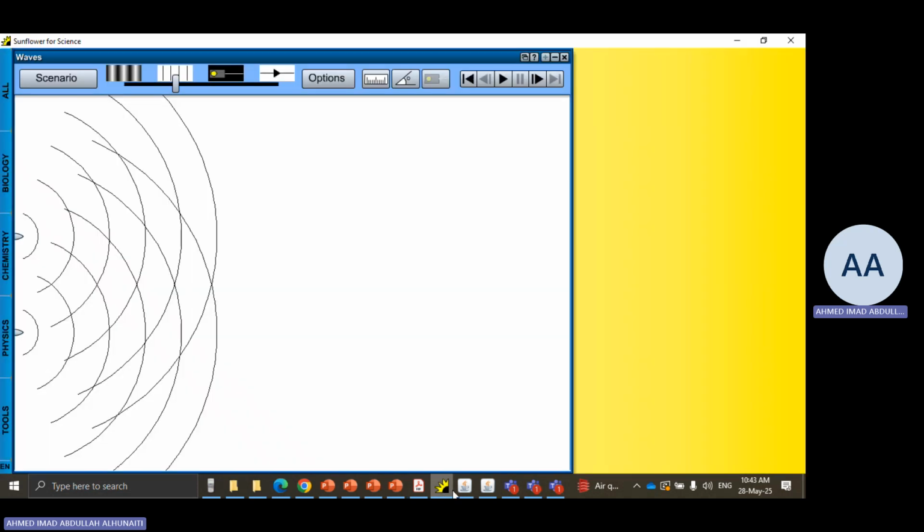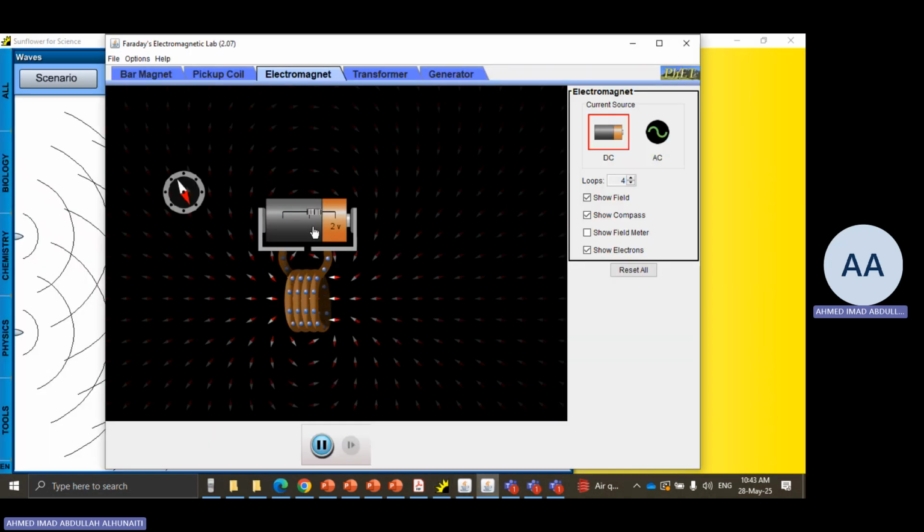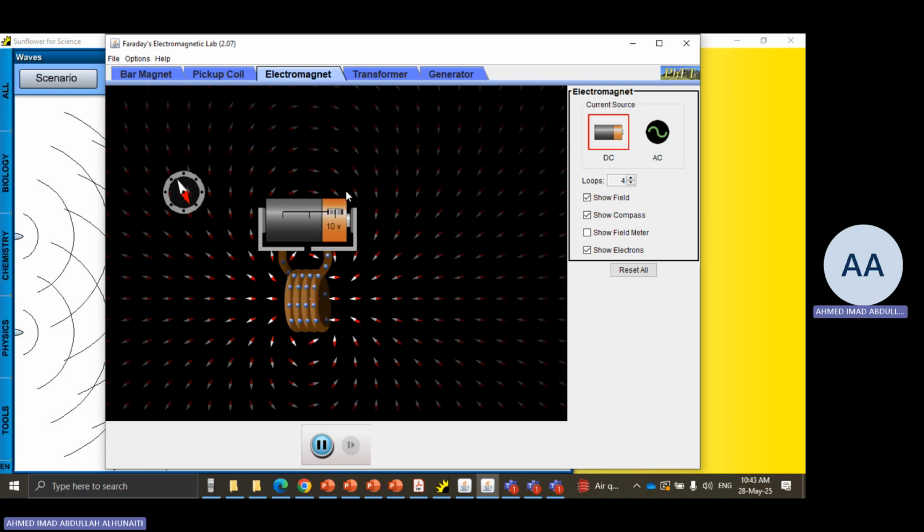Now let's go back to the simulation and see what happens when we open the switch. We have an operating circuit with an already existing large magnetic field. When we open the switch, the magnetic field begins to shrink. Lenz's law tells us there will be opposition to any change. The key word here is change.